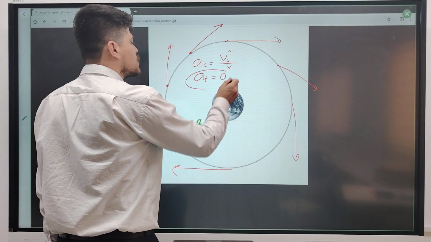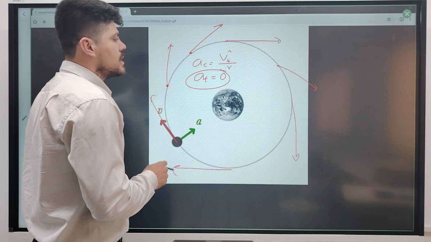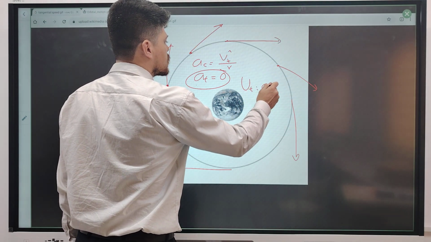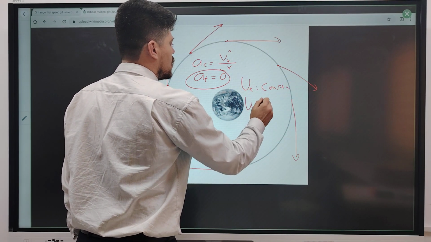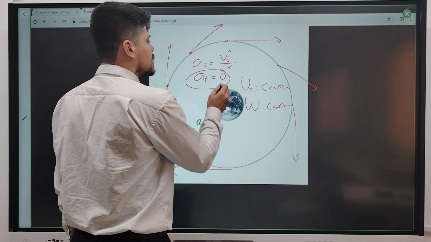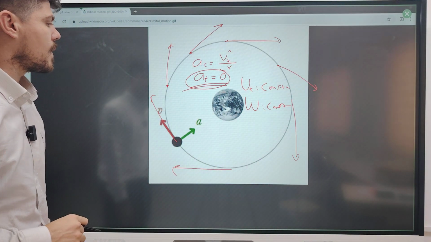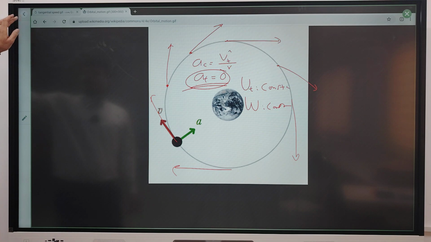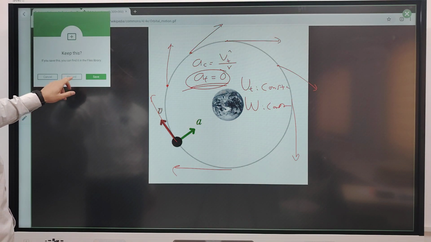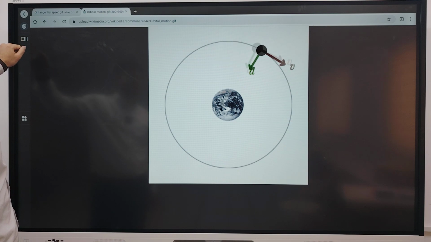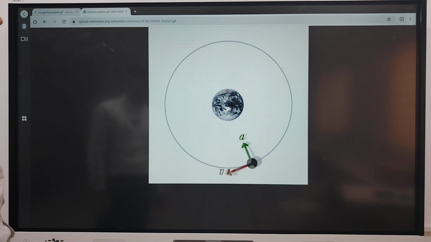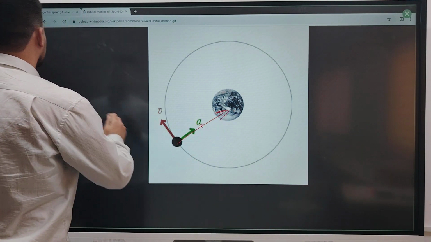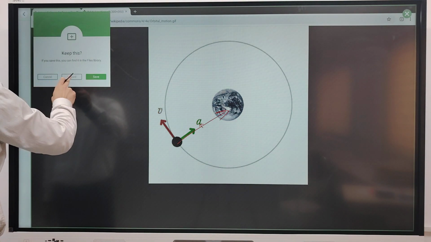So why does the object have no tangential acceleration? Because the object is moving at constant speed. Vt is constant and omega also constant. That is why tangential acceleration is 0. Look, the object has only centripetal acceleration. Okay, this is AC, which is directed toward the center, and we will study it in detail after that, inshallah.